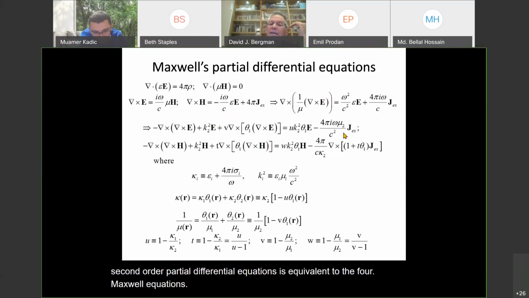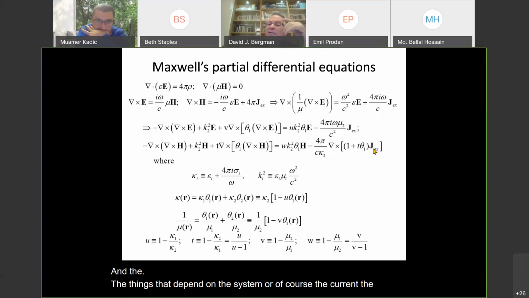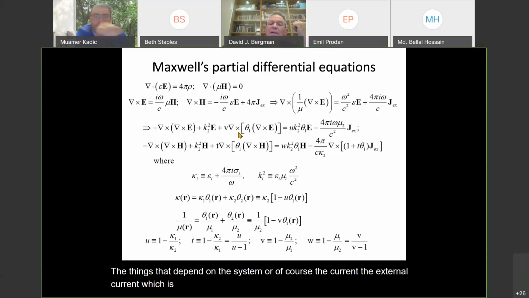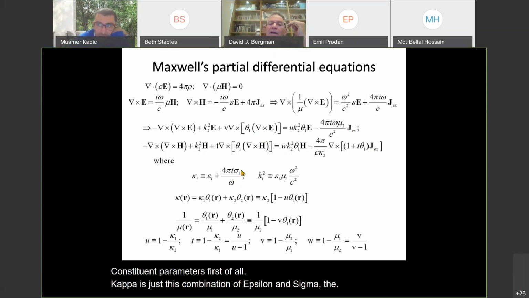And the things that depend on the system are, of course, the external current, which is the source of the fields, and there are 4 material parameters here, V, U, T, and W, which are connected to ratios of the constituent parameters. First of all, kappa is just this combination of epsilon and sigma, the conductivity.